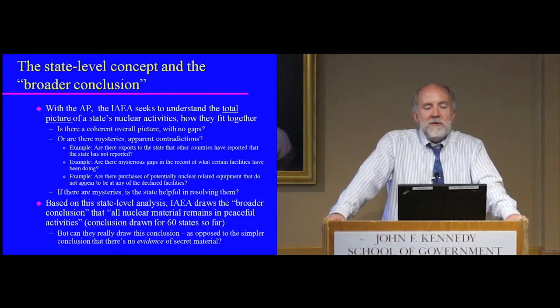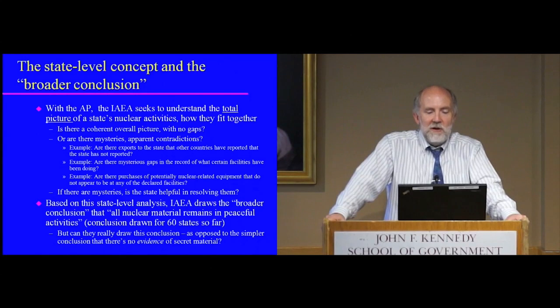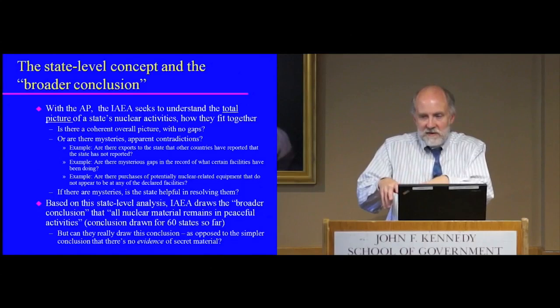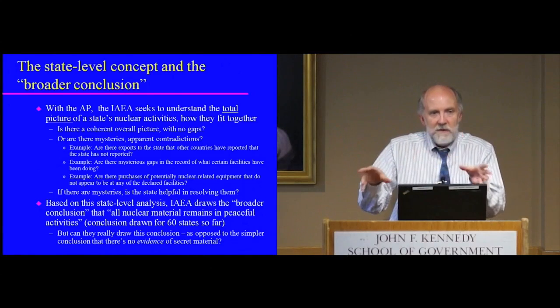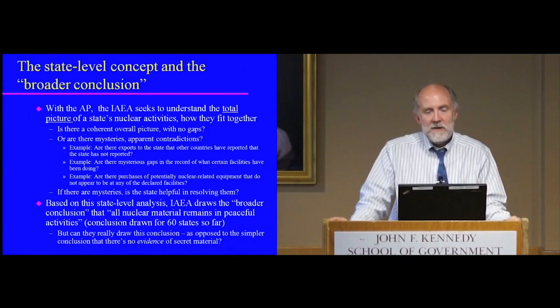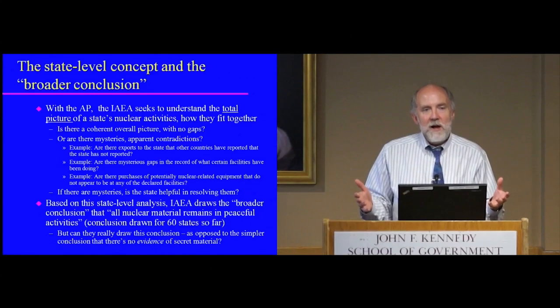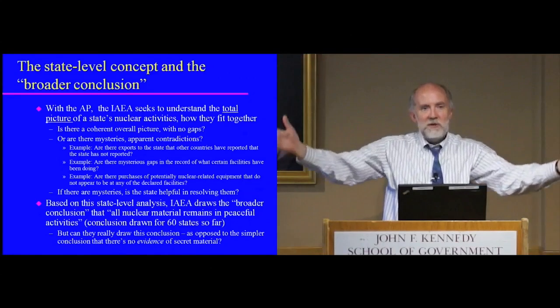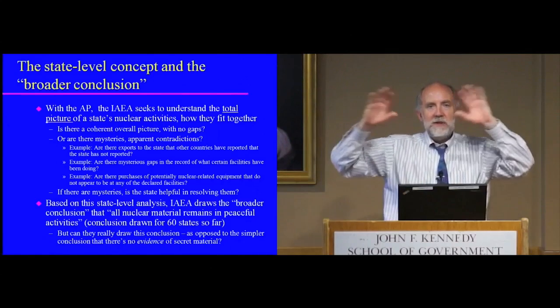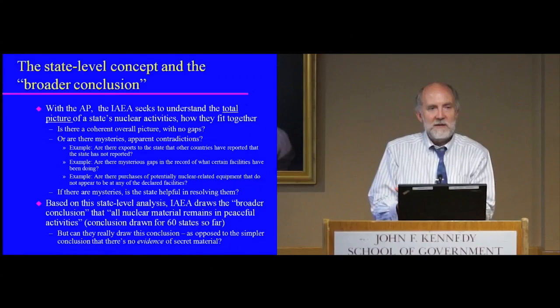The state level concept and the broader conclusion are the goal of these kinds of things. So in the old days, the IAEA looked at the declared facilities and asked, is material removed from those facilities? Now the IAEA is asking a totally different question. They're asking, does the overall picture of nuclear activities in this state seem to make sense?